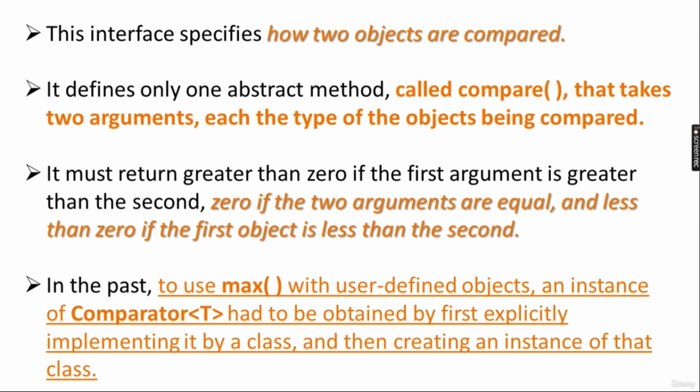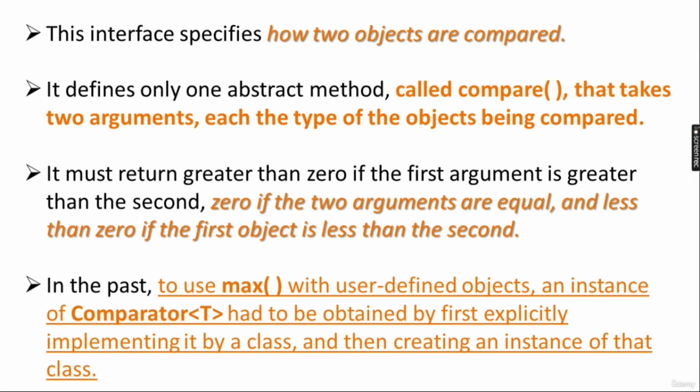In the previous examples, to use max with user defined objects, an instance of Comparator<T> had to be obtained by first explicitly implementing it by a class. So in the collection framework chapter that we have studied previously, an instance of the Comparator interface had to be obtained by first explicitly implementing it by a class.